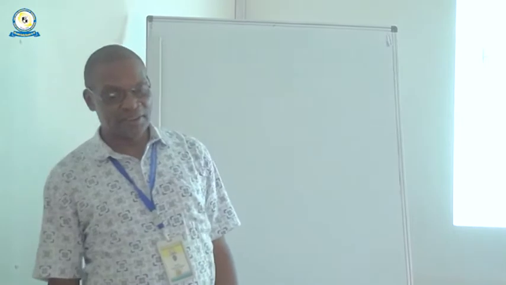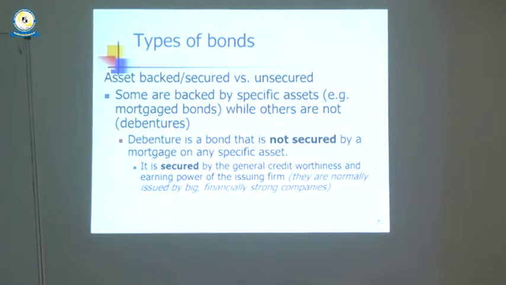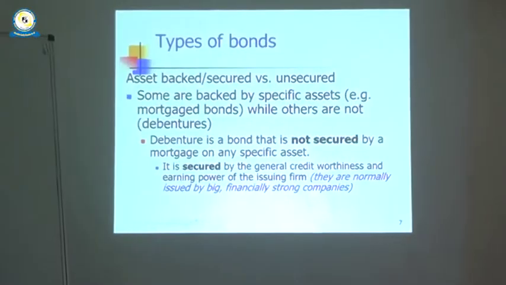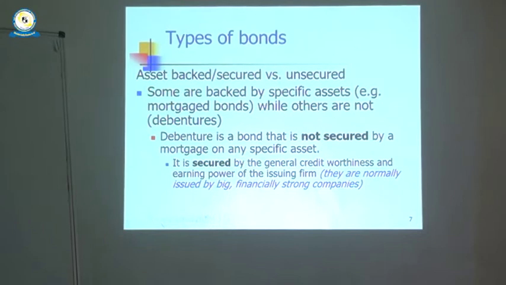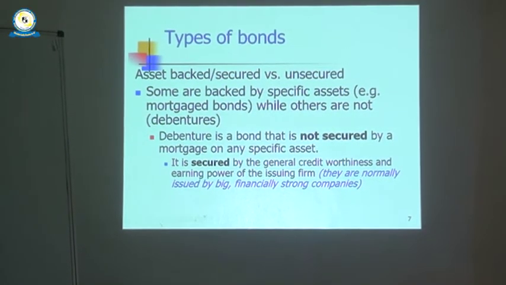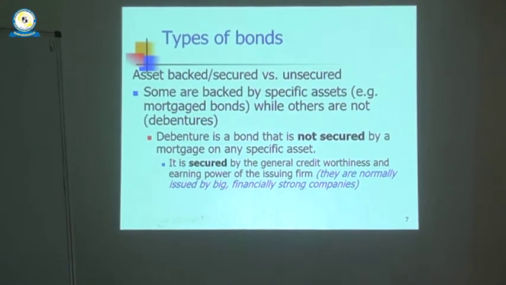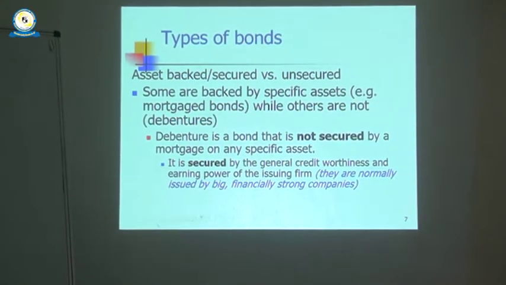Types of the bond. There are different types of the bond. We have asset-backed securities. This goes against unsecured. Some of the bonds are backed by specific assets, for example, mortgage bonds, while others are not secured. We call them debentures.